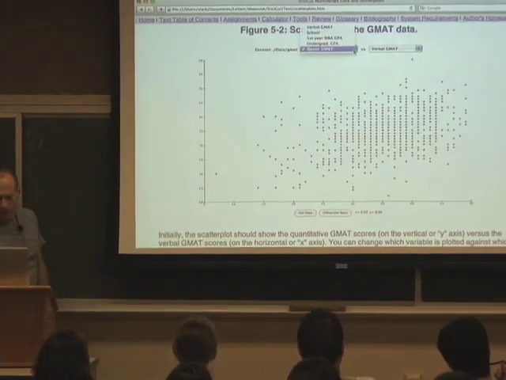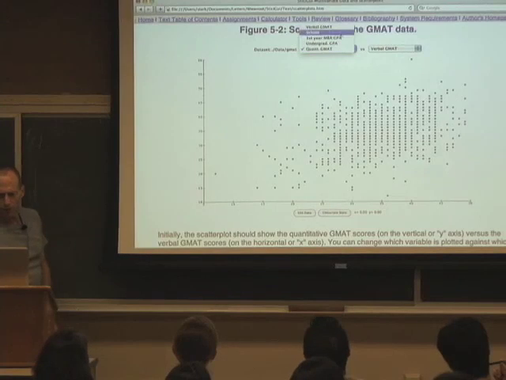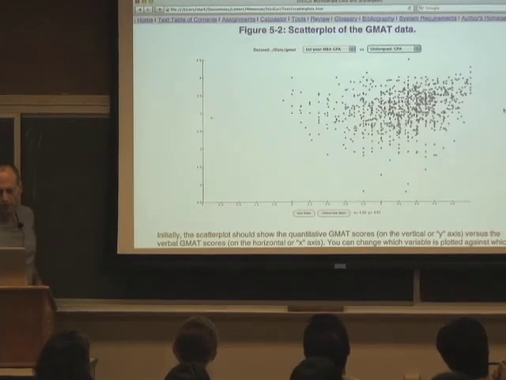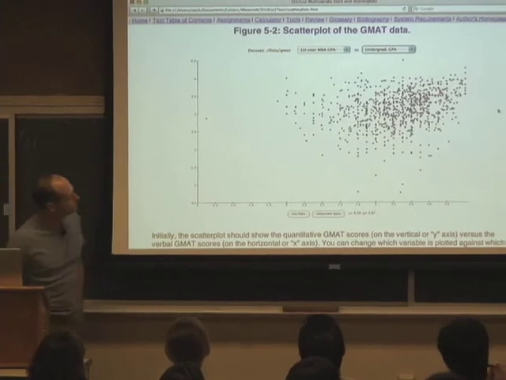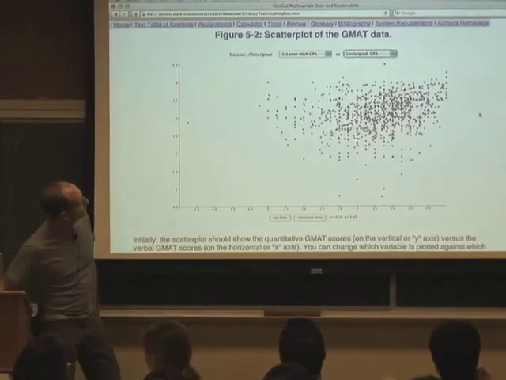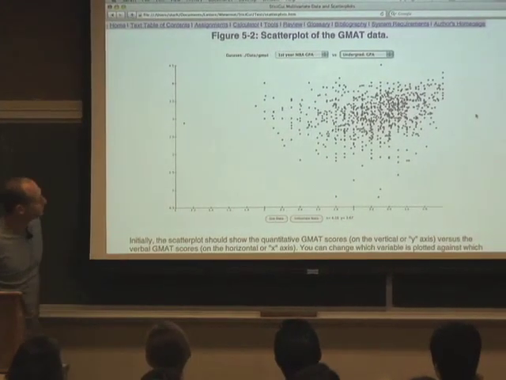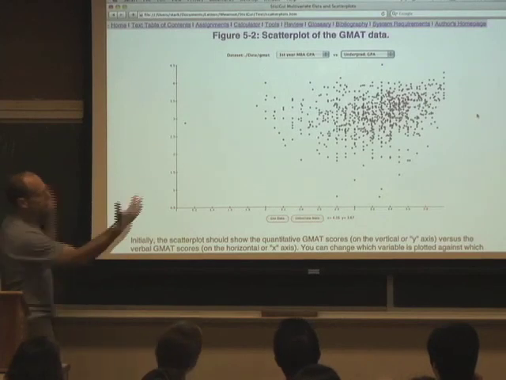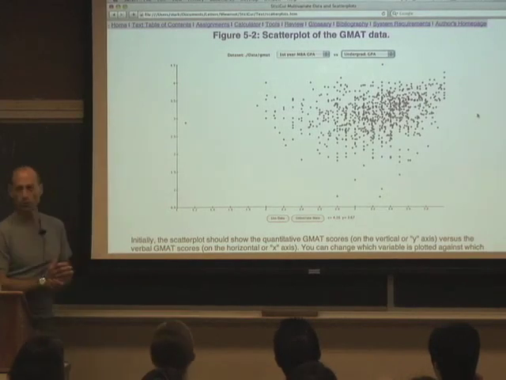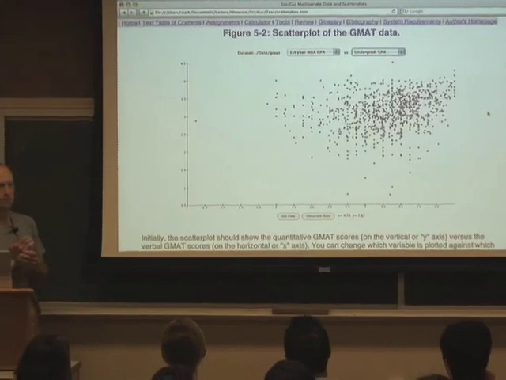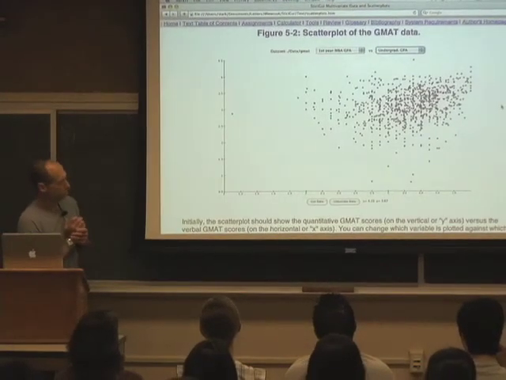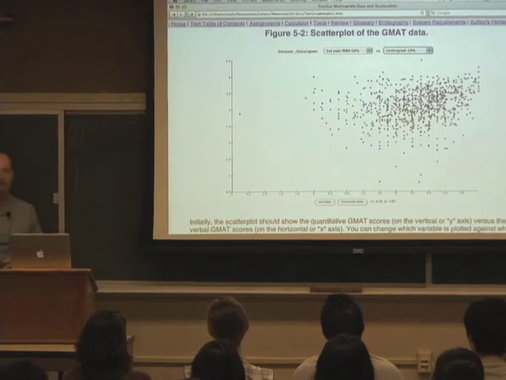Let's look at first year MBA GPA versus undergraduate GPA. All right. So these kind of bunch up in the corner. Why do they bunch up in the corner? Okay, they're skewed to the left. What makes them skewed to the left?